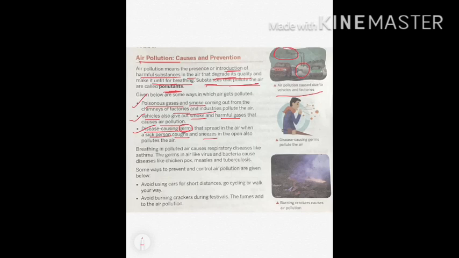These germs in the air can cause various respiratory diseases. Respiratory diseases means diseases related to the lungs. Through lungs we take in and give out air, no? So that is the respiratory area, and that area is infected by the germs.